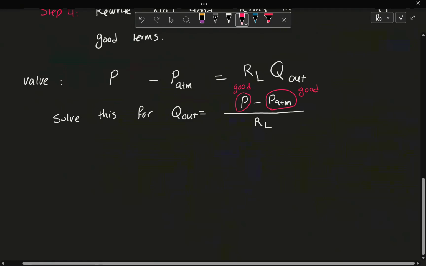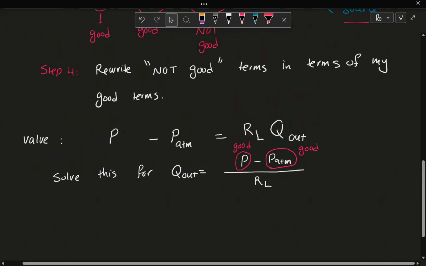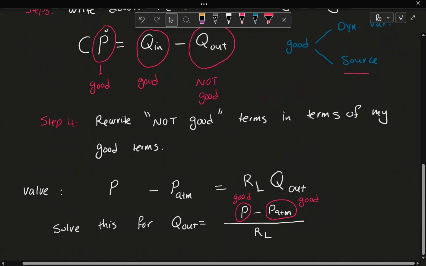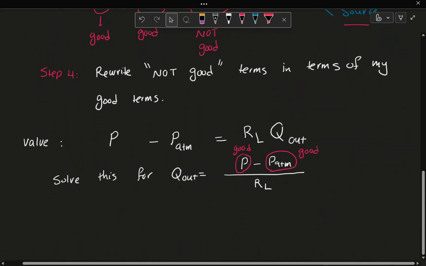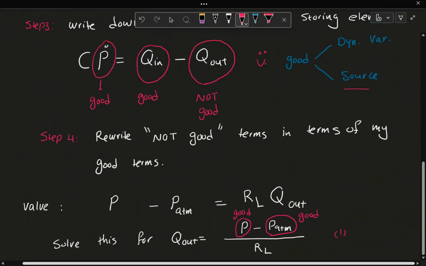And RL is a constant number. I do not care about RL. So at this point, I was able to rewrite Q out in terms of my good terms. Okay. So let's call this equation 1, and let's call the earlier equation equation smiley.